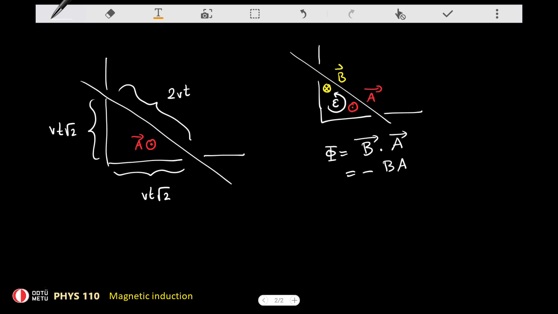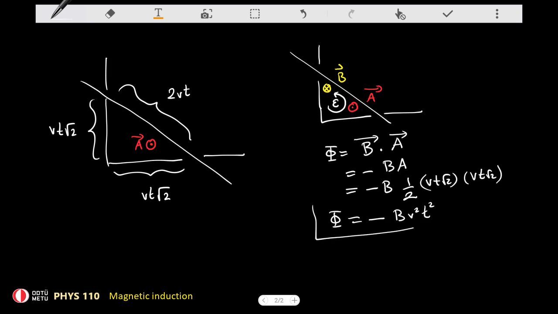And so I can compute the area as 1/2 of the side lengths of this triangle. Therefore, the flux is minus B V squared t squared. This is a scalar quantity, of course. We can see that the flux increases quadratically with time.